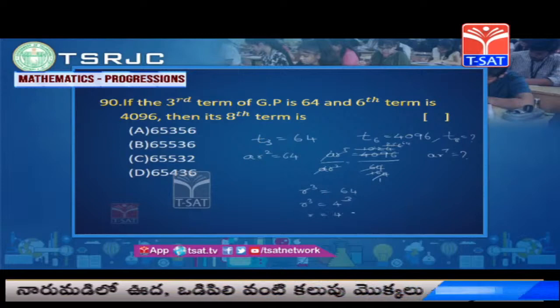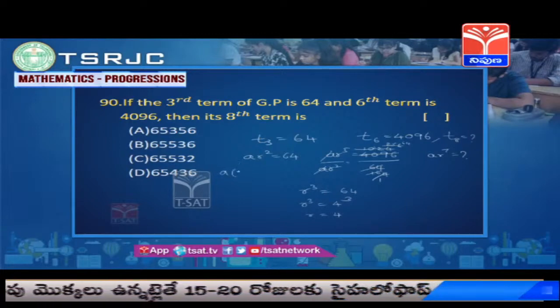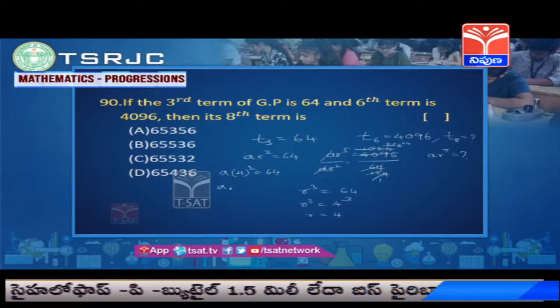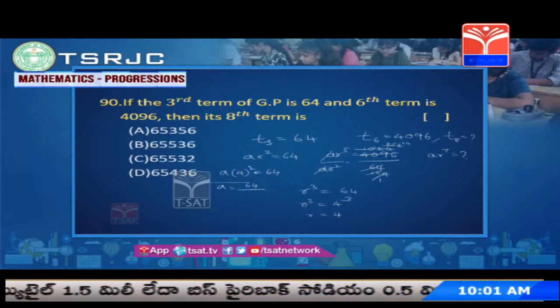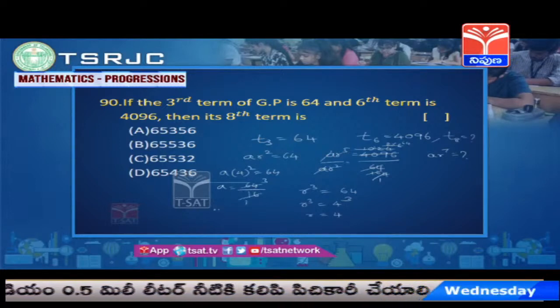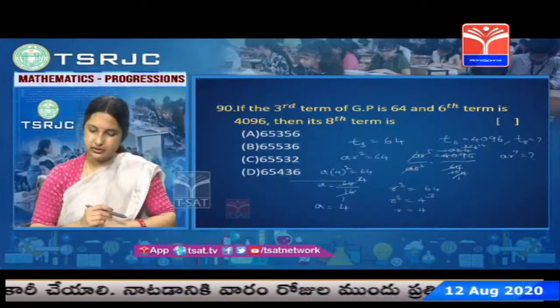So R equals 4. Substitute here: A into 4 square equals 64. Then A equals 64 by 16, so A equals 4.